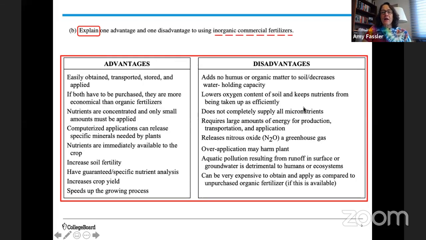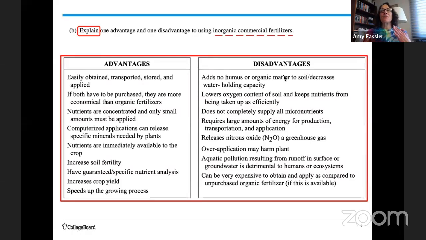Disadvantages of that have to do with the fact that, I think probably one direction a lot of students went was that runoff and that issue of eutrophication, or over nutrient enrichment of surface waters. You could have talked about the fact that it doesn't add anything to increase the texture or bulk of the soil structure.